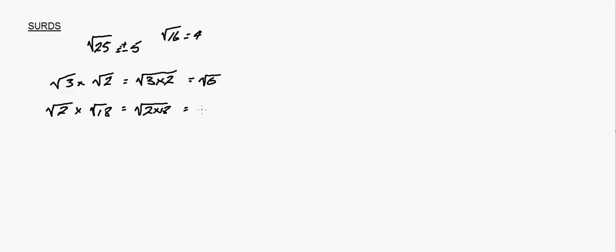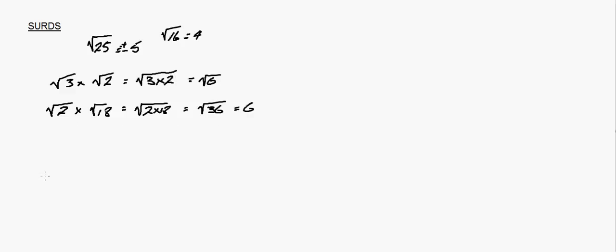Now 2 times 18 is 36, so this gives me root 36, and the root of 36 you should know is 6. So root 2 multiplied by root 18 gives us a rational number of 6, because it gives us root 2 times 18, which is root 36, which gives us 6.